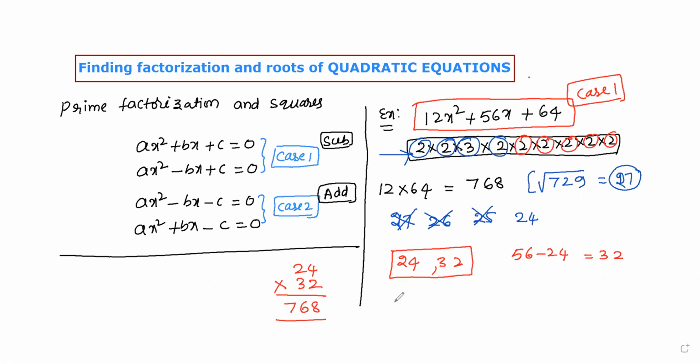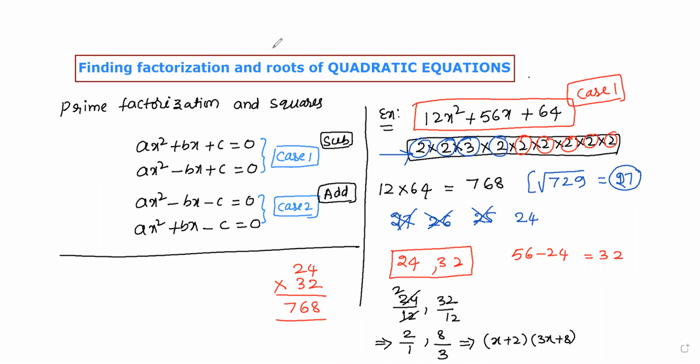So I selected this combination now. After that, we have to divide these numbers by the coefficient of x squared. So 24 by 12 and 32 by 12. That gives us 2 by 1 and 8 by 3. If you write as factors, that is x plus 2 and 3x plus 8.